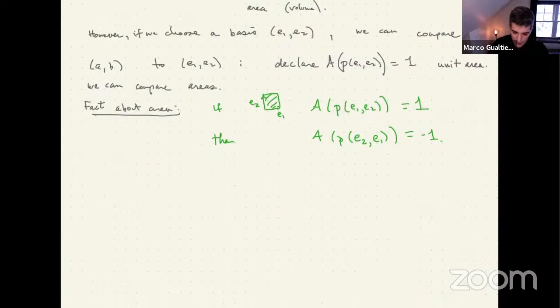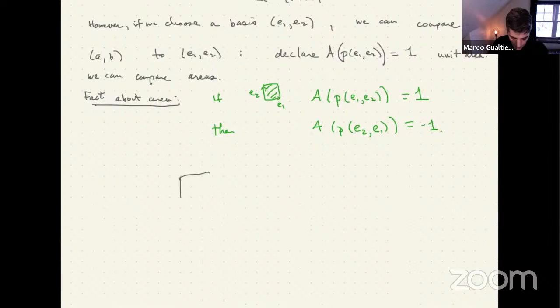So you could think of it this way: if this E1, E2 had area 1, then you could imagine slowly exchanging the two vectors. You could imagine letting E2 move like this, and E1 move like this, getting closer together.